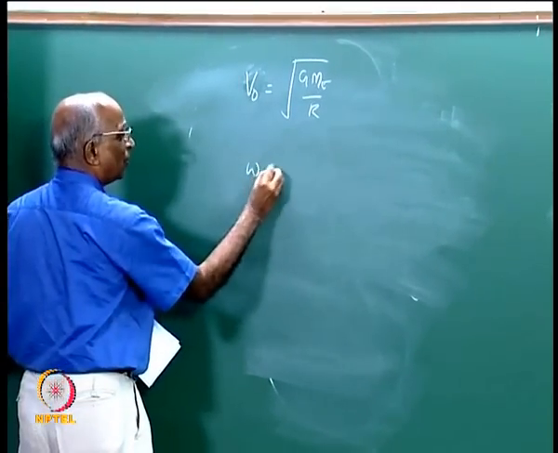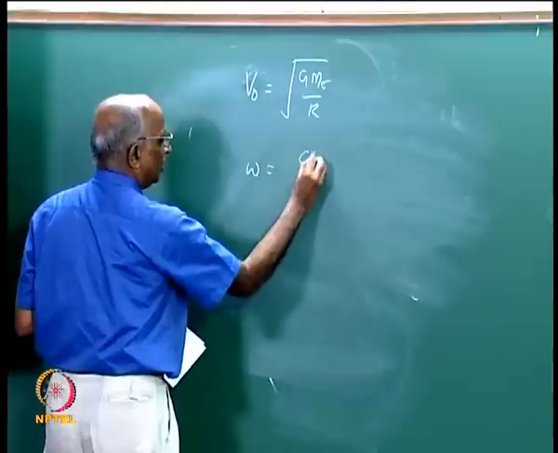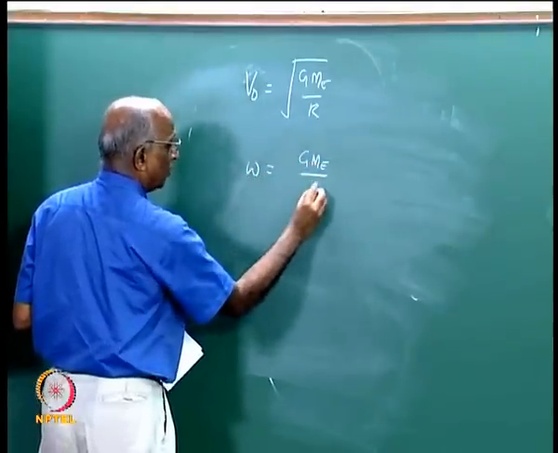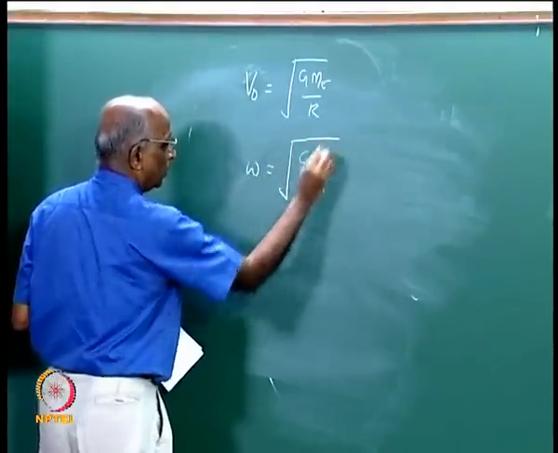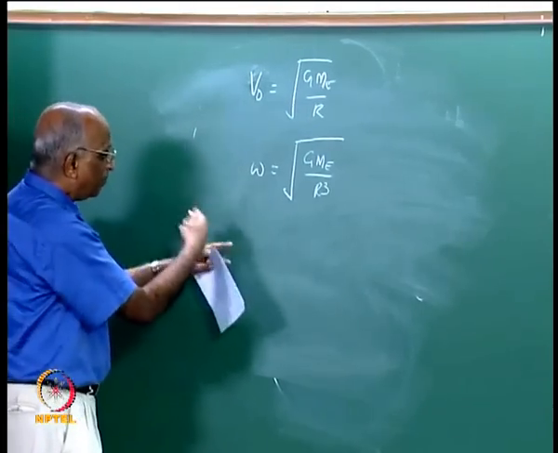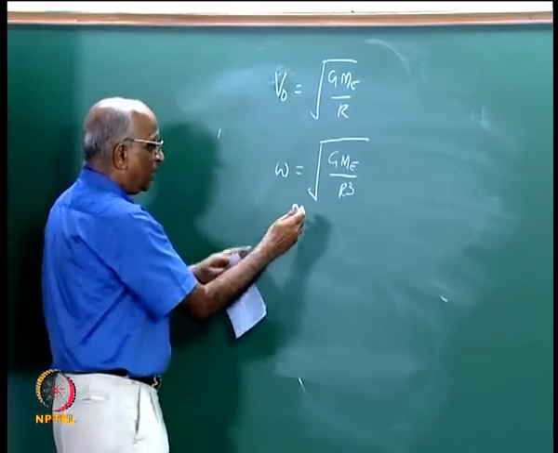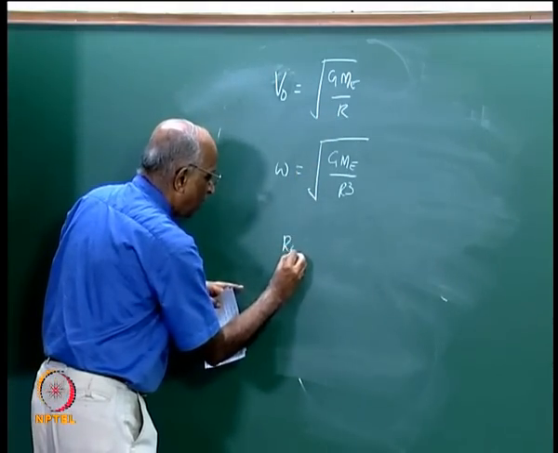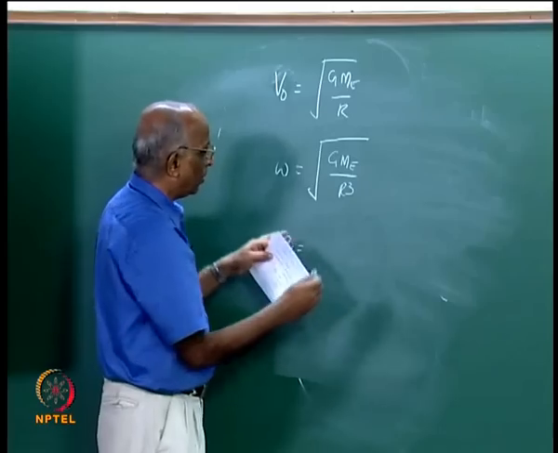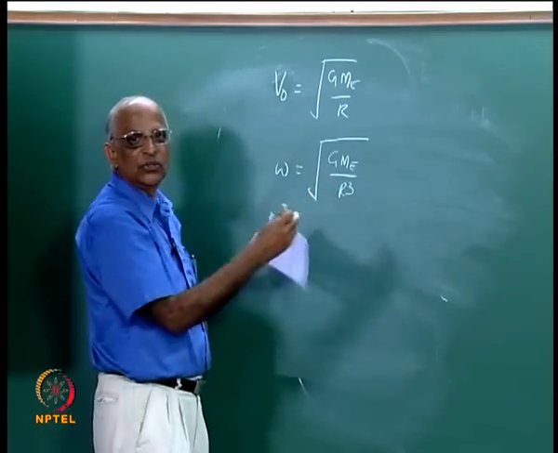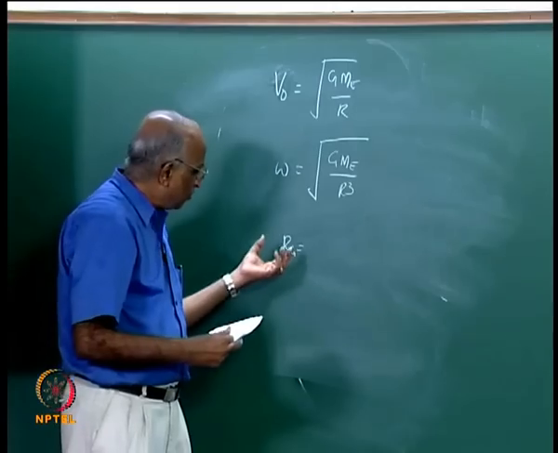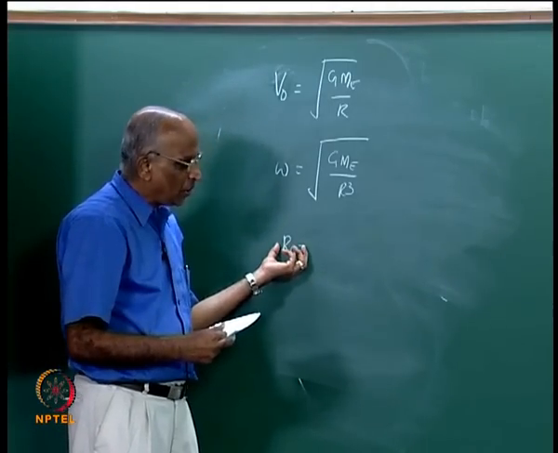The angular rotation of the orbit omega is equal to under root g me by r cube. When the period of rotation of the orbit and the earth is the same, we get the value of R as equal to 42,000 kilometers, or the height above the earth as something like 35,000 kilometers. And this was postulated by the science fiction author Arthur Clarke.